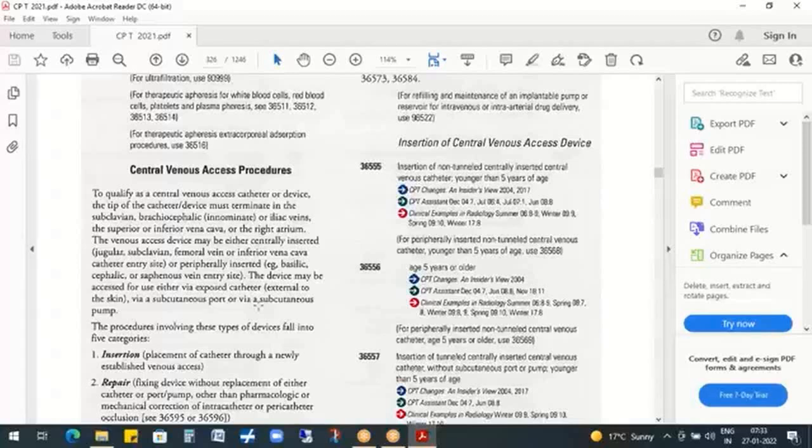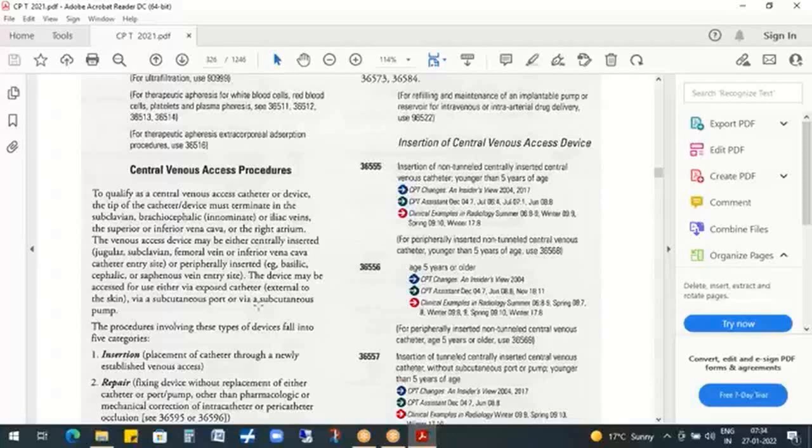If the tip of the catheter is in the basilic, cephalic, or saphenous vein, then it is peripheral. There is no need to remember all the other names, just these three, because if you understand peripheral, the opposite one is central. Other veins are centrally inserted.